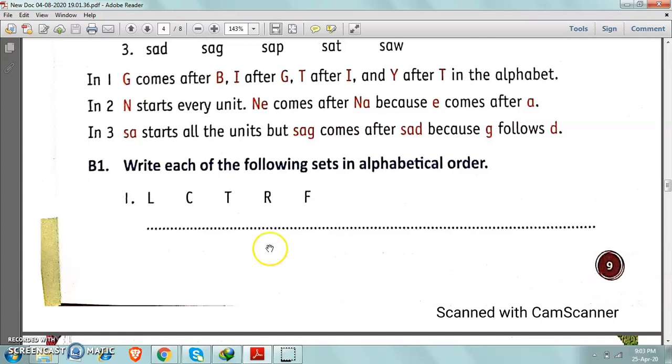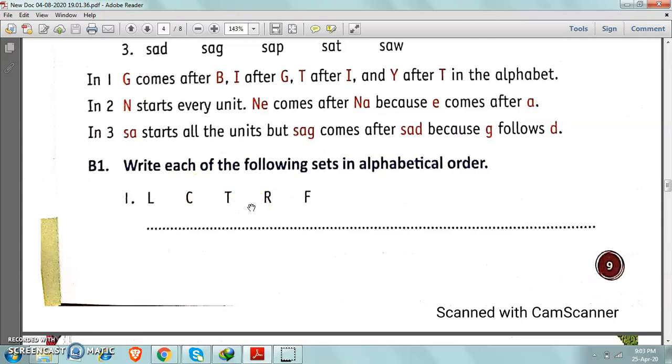So let's move to the first part, children. See, the first part is L, C, T, R, F. Here you are to write the letters as per the alphabetical sequence. So from these all, which letter comes on first number?